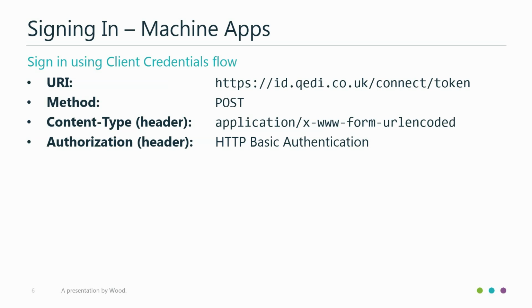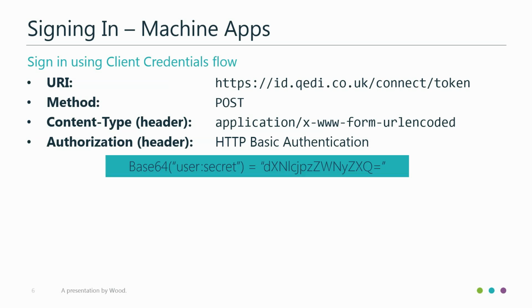This is the authorization header, and we use HTTP basic authentication for this. To generate the HTTP basic token, all you need to do is take your client ID and your secret and base64 them, separated by a colon, and that will generate a token, as you can see here.